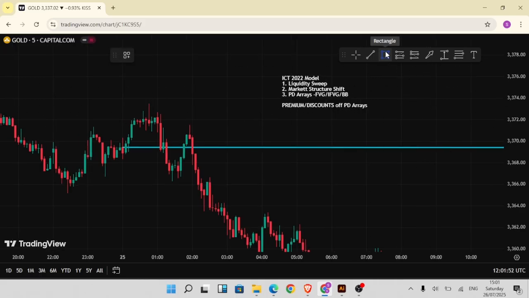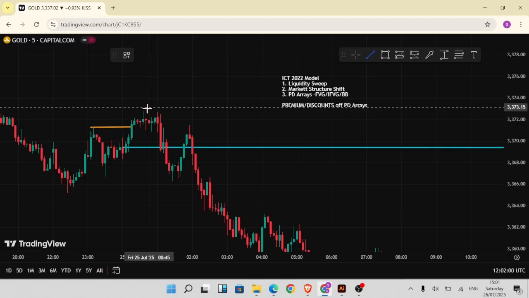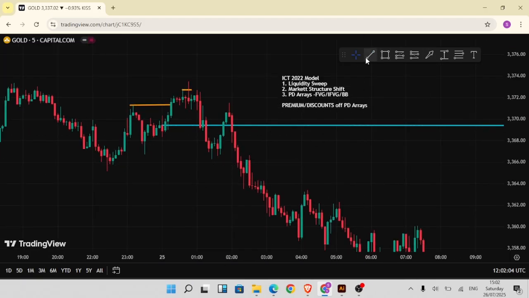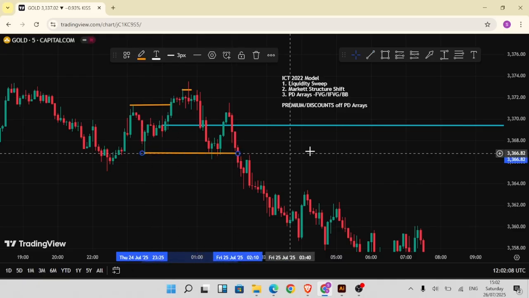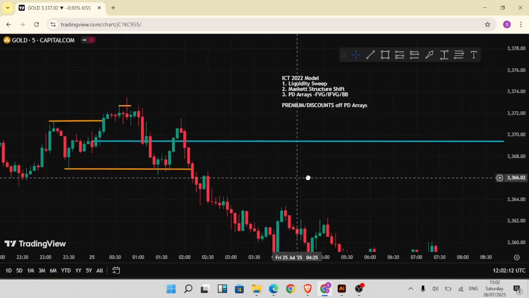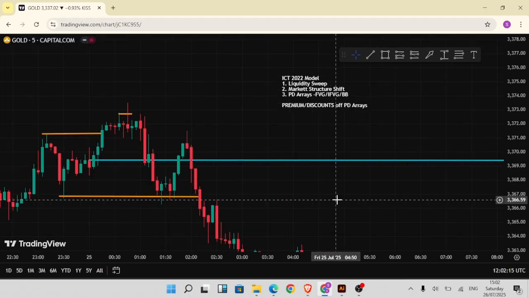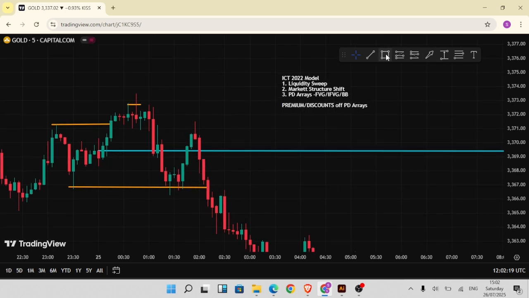We have a liquidity sweep, and another liquidity sweep, a tiny liquidity sweep at the top. We have our market structure shift, and this gives us several PD arrays.